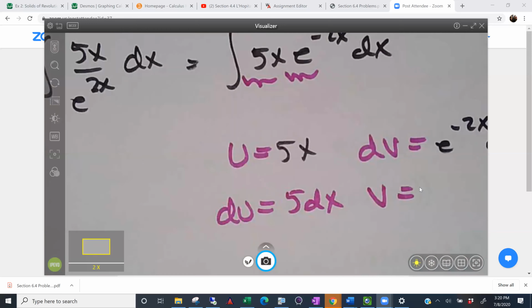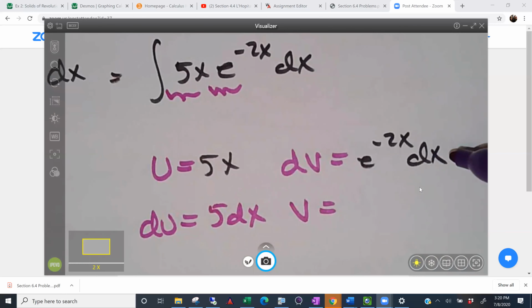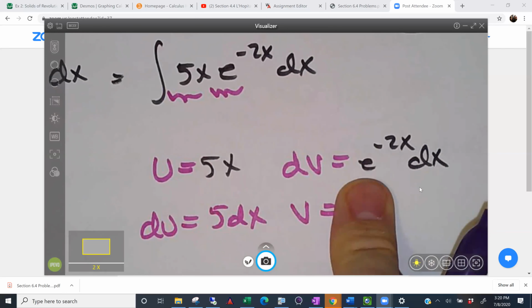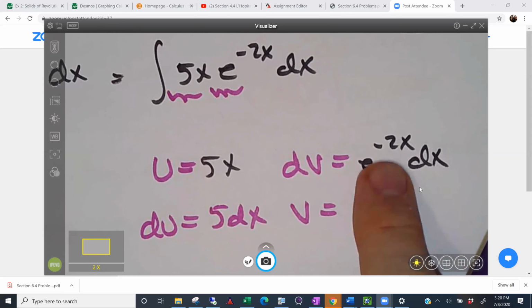Now, let me share with you something that I do for these problems. Because here, technically, you need a u substitution to integrate this, right? I don't want to slow down my work on a problem like this to do a u substitution. So let's think of something related but different. If I differentiate this, I get e to the negative 2x back times the derivative of the exponent, right? So what's the derivative of the exponent?